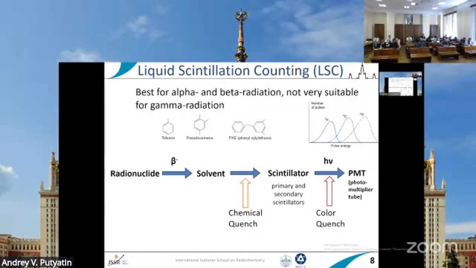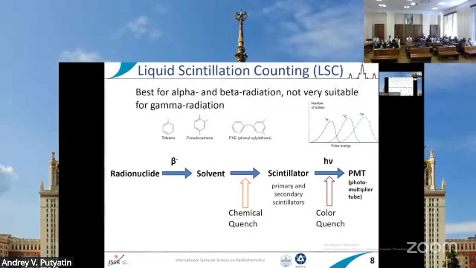Or pure alpha emitters. The easy to measure radionuclides are gamma emitting radionuclides. There is a very simple pre-treatment. You maybe dry the samples to constant mass, and that's it, and measure in some certain geometry.